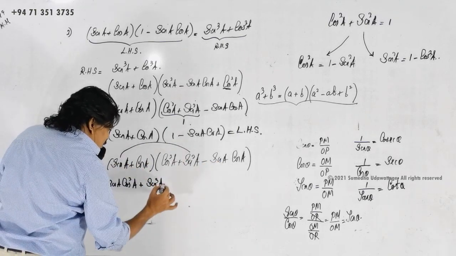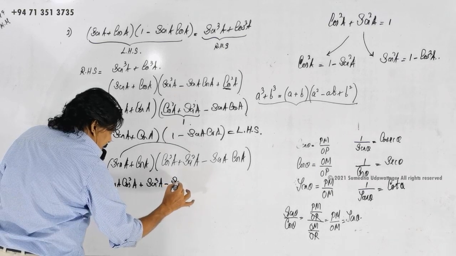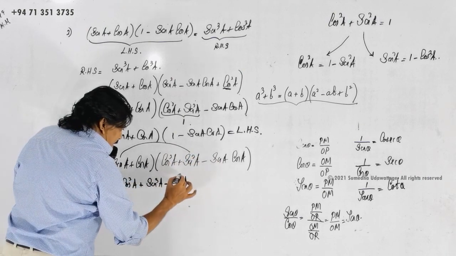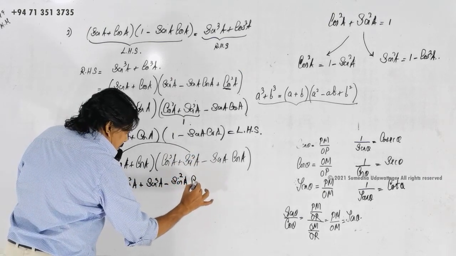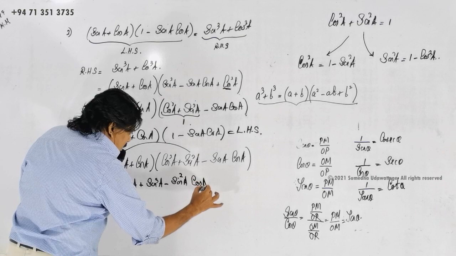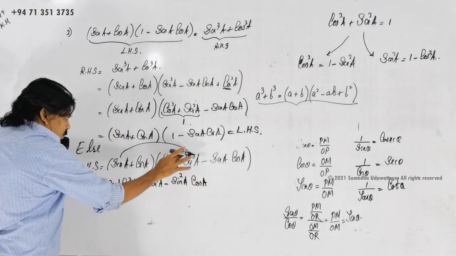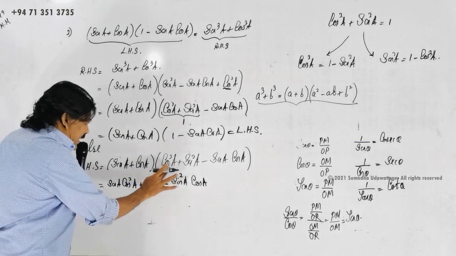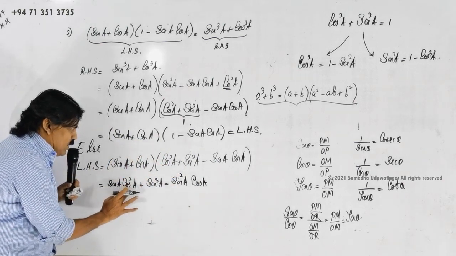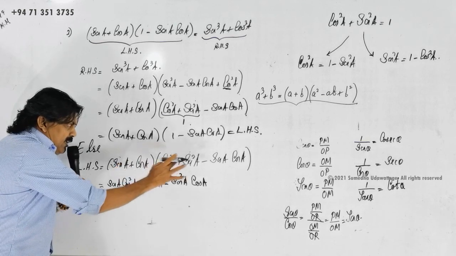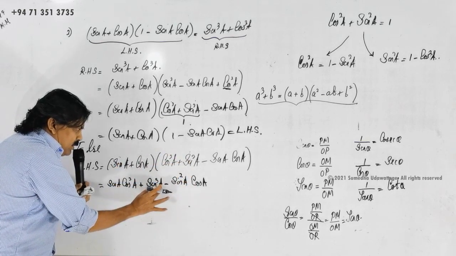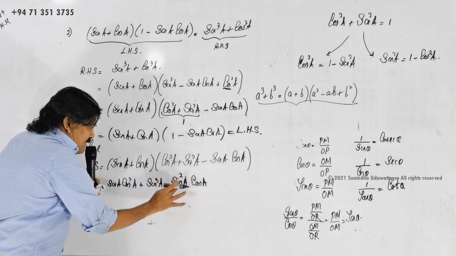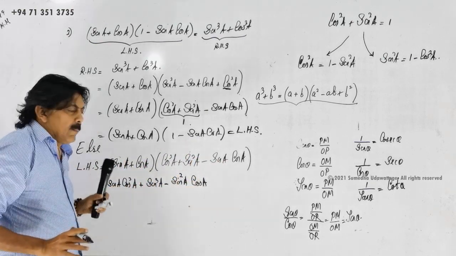This into this would give minus sine A into sine A, sine square A, you will get cos A. Now, from sine A you multiplied this, you got sine A cos square A. From sine A you multiplied this, you got sine to power 3A. Then you got sine A into this, sine square A cos A.